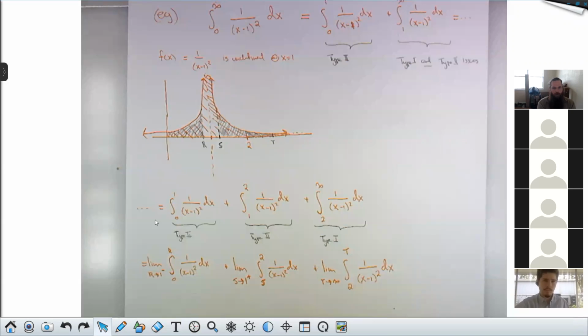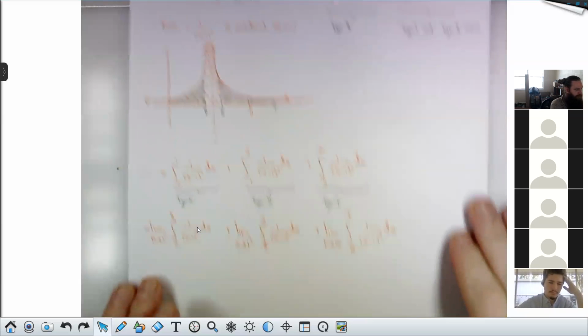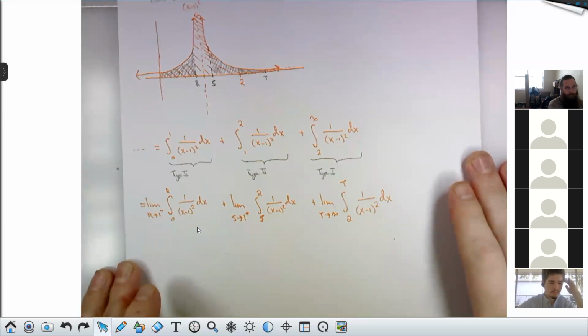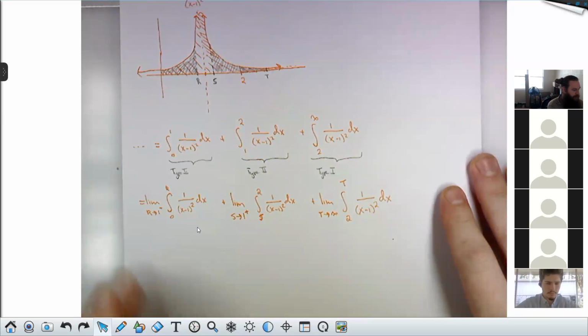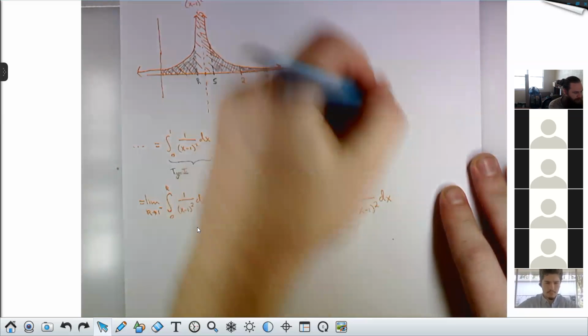Let's compute one of these two, and then we'll know that our integral is divergent because we'll have seen that one part of it is divergent. If one of those integrals diverges, the whole thing diverges. Right, that's the rule. So we can remind ourselves there.